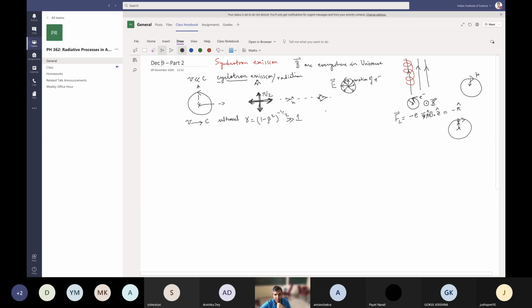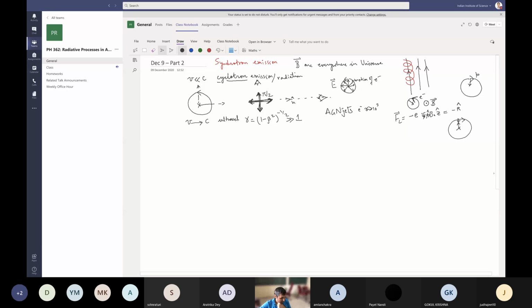You have AGN jets that emit synchrotron radiation, where electrons have gammas of order 10 to the 3, or more. Just as all the objects in the universe are magnetized, almost all of them also have relativistic electrons, which emit synchrotron emission, mostly seen in the radio waveband, hundreds of megahertz to gigahertz.